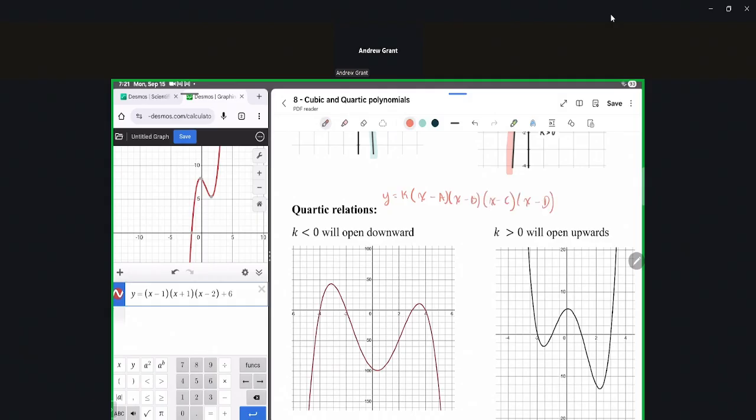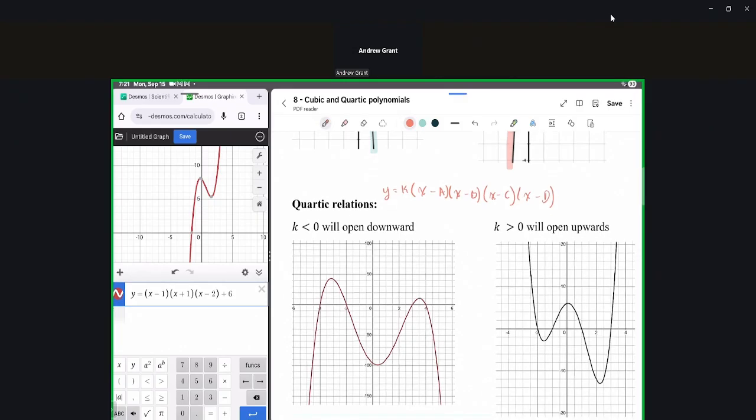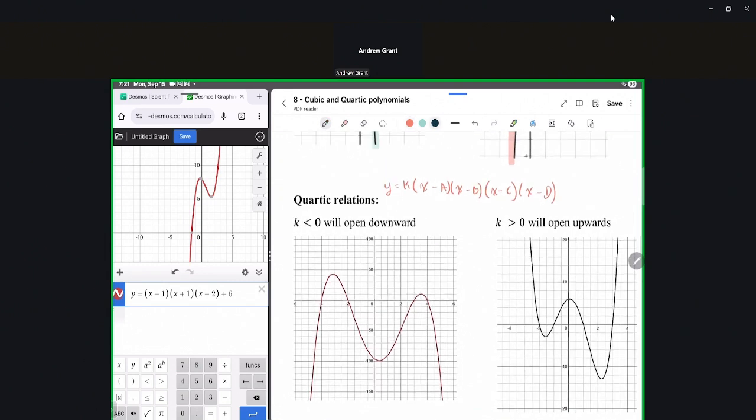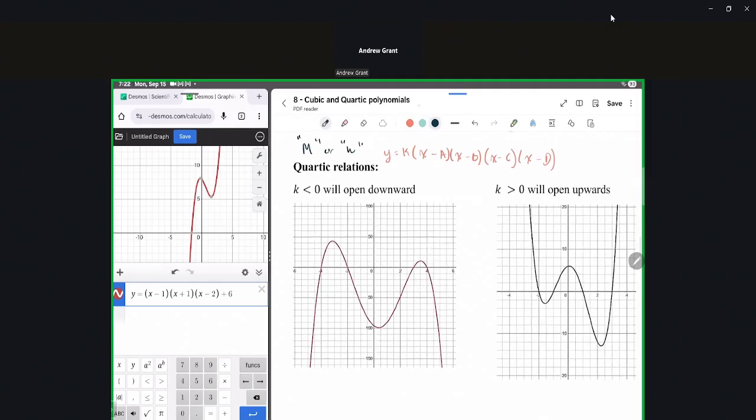Okay, so they have 4 factors, so it looks like this. A nice way to describe the quartic, it kind of looks like an M, or if you prefer, a W when it's the other way. So when the k value is less than 0, it has this M structure. In this case, we increase in 2 locations and we decrease in 2 locations.